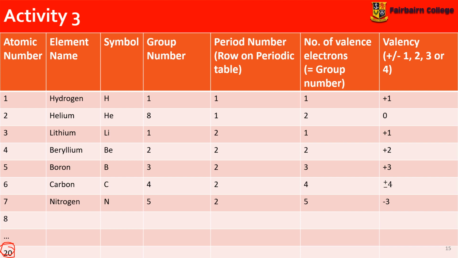And the important part here is the valency. So this last column, the valency, is the important part that we want you to get from this exercise. But all of the other information helps you to get there and also informs the valency. So draw this table, complete it, and you will have a better understanding of valency.